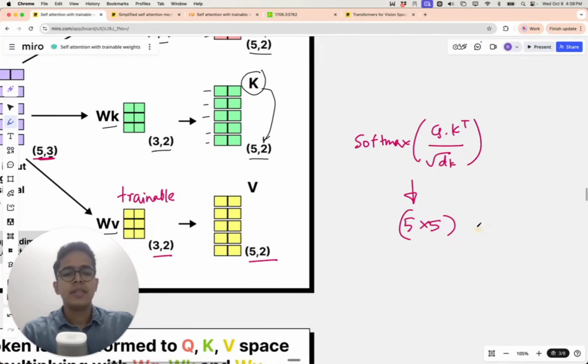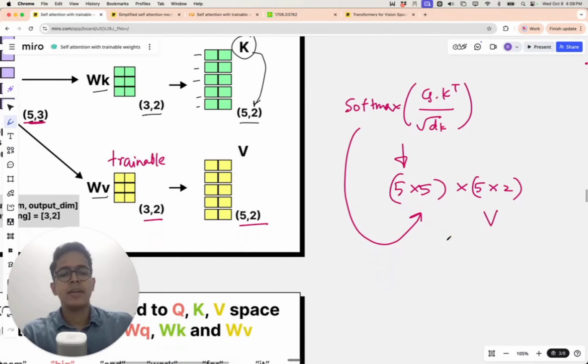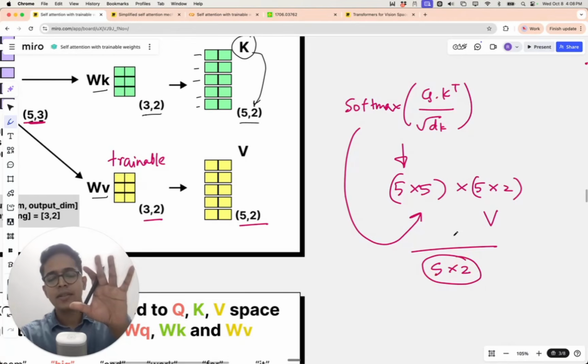Now this, when we multiply with a 5 by 2 V, we will get 5 by 2 dimensional context vectors. 5 by 2 dimensional context vectors, meaning there are 5 vectors, each vector has a dimension of 2.